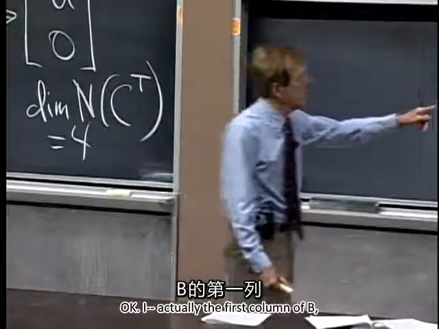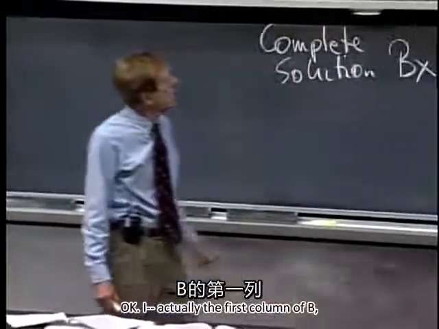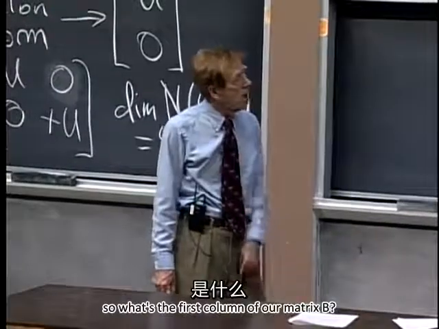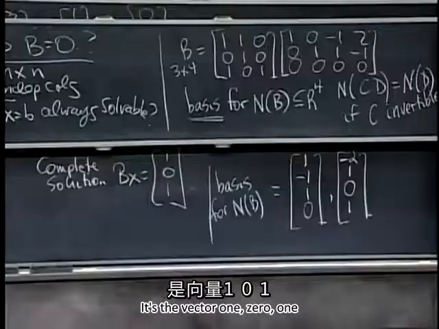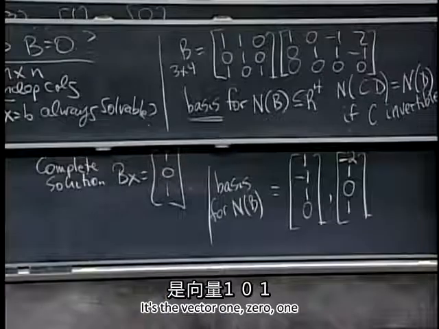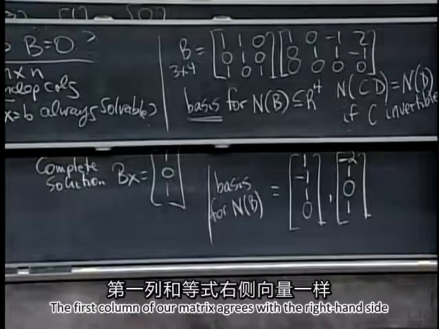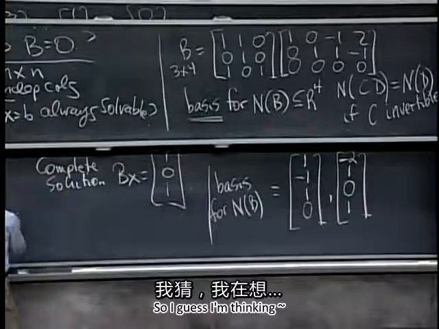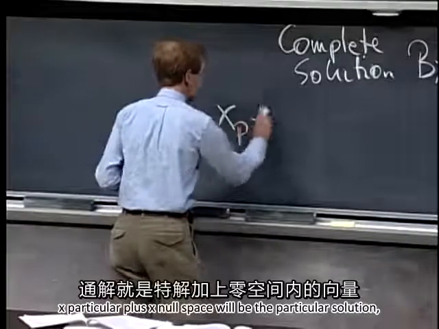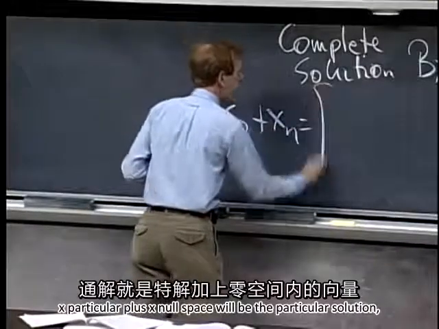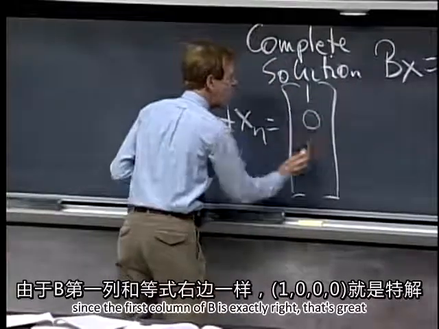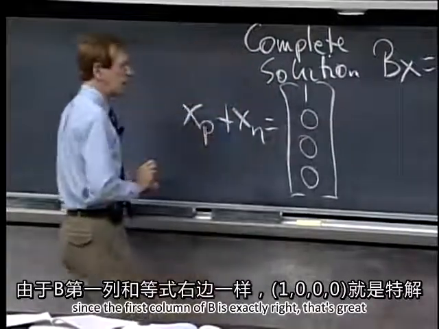Okay, actually the first column of B, what's the first column of our matrix B? It's the vector 1, 0, 1. The first column of our matrix agrees with the right-hand side. So I guess I'm thinking X particular plus X null space will be the solution. Since the first column of B is exactly right, that's great.